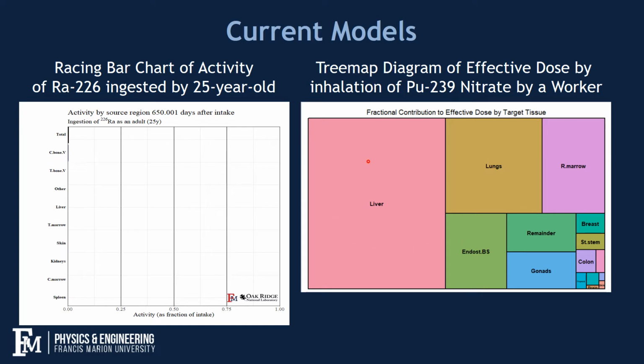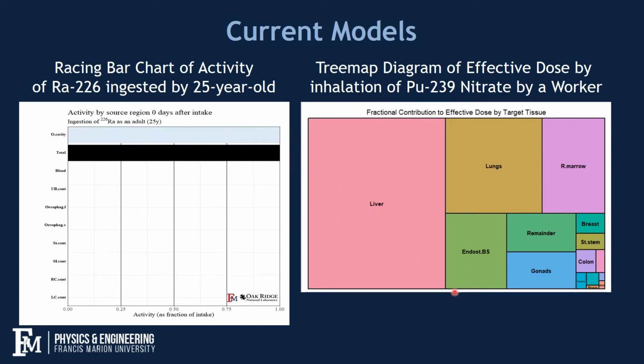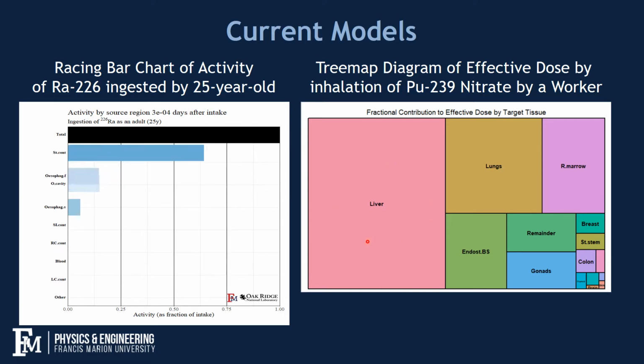But no animation doesn't really give us an idea of how the radionuclide is acting and moving through the body with time. So in this case, the animated racing bar chart helps us a lot with understanding where and at what point in time after intake the material gives an activity or dose. In the static one, not so much.